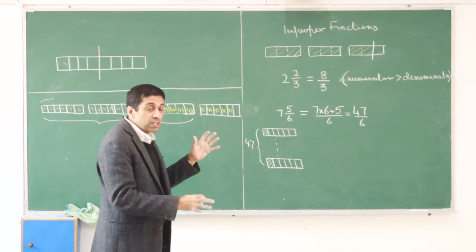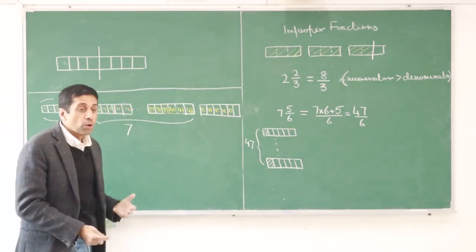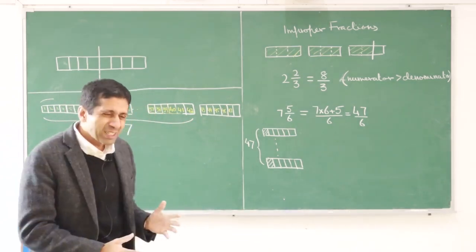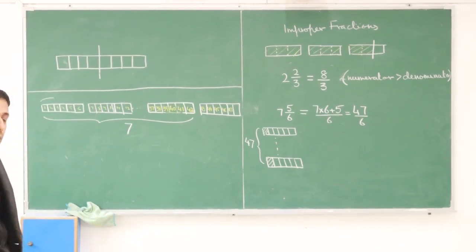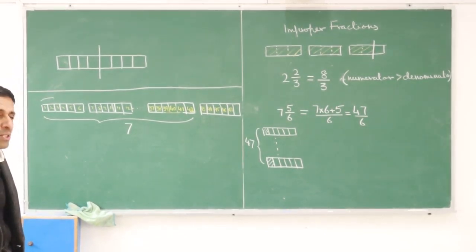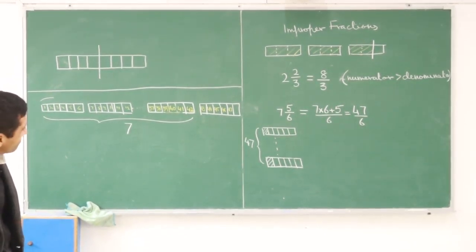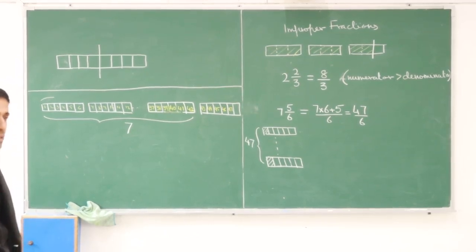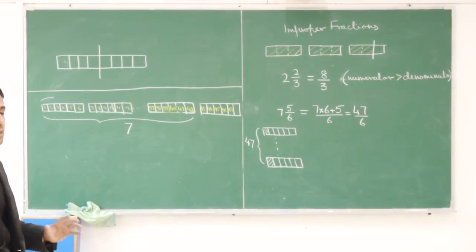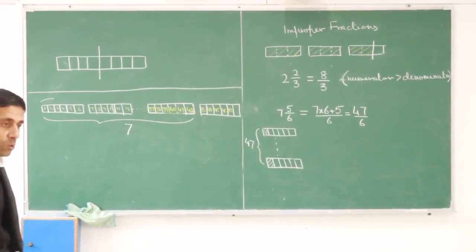So this is a different interpretation of what 47 over 6 means. It's kind of a messy interpretation. It's not as nice as the part of a whole interpretation anymore. When you extend it to improper fractions, the parts of a whole interpretation is there, you can use it, but it's not as nice as when we did not have improper fractions. But the division interpretation still is very clean and neat and still holds true.